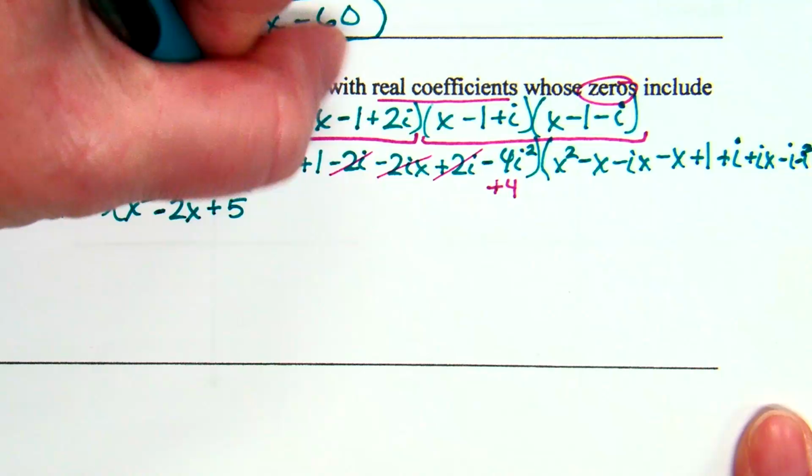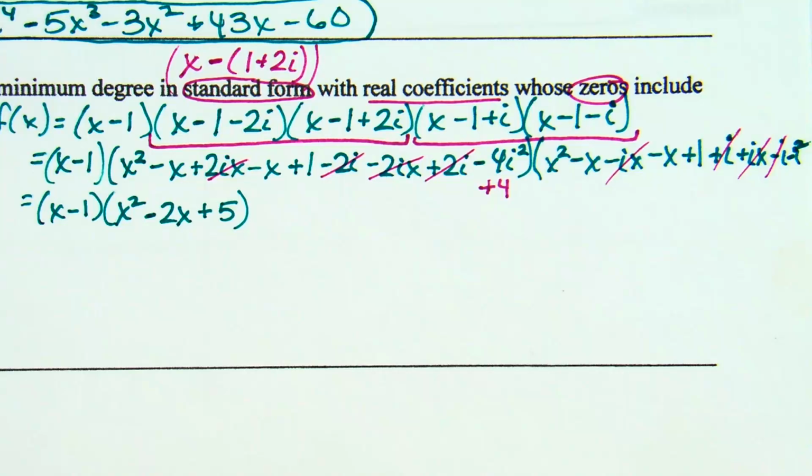And minus negative 1 is plus 1. So clean this up. You'll notice it's going to clean up just like the last one did. Keep the x squared, minus x, negative 2x, and 1 plus 1, plus 2.